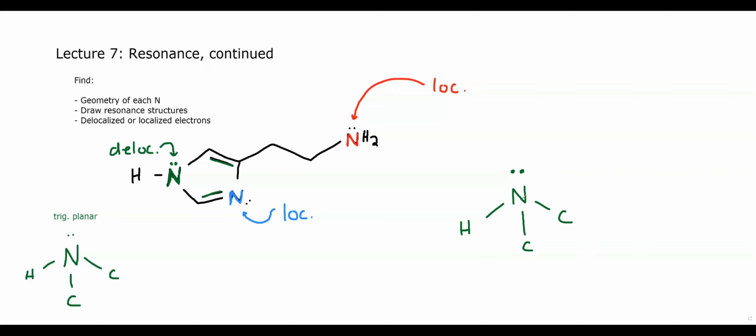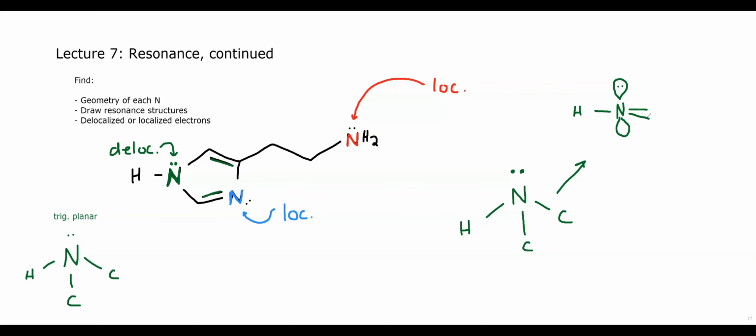The geometry of this nitrogen will change, and it will become sp2 hybridized, flat, trigonal planar, and those electrons will then go into that orthogonal p orbital and allow it to participate in resonance.